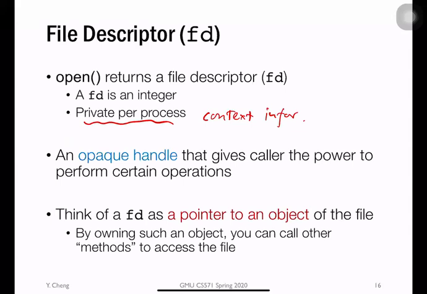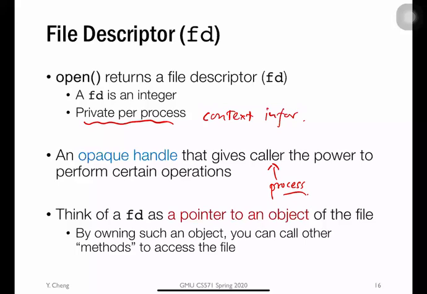It's an opaque handle to the particular opened file that gives the caller, which is the process, as owner, the power to perform certain file system related operations. For example, read data or write data to the file, close a file, erase a file, and so forth.